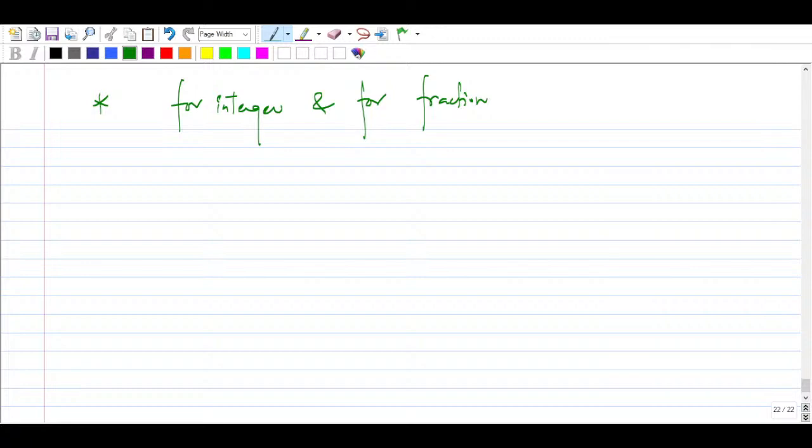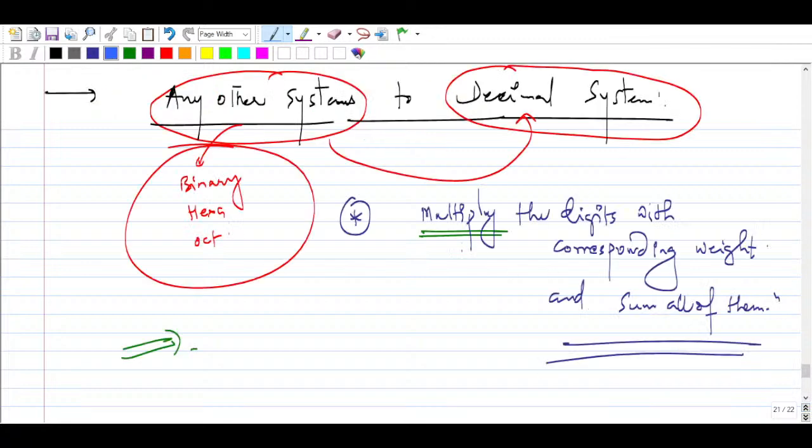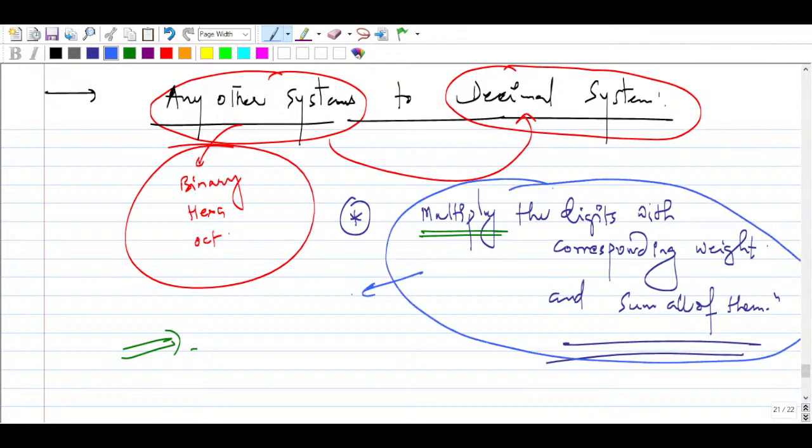And in case of integers, r to the power 0, r to the power 1, and it goes like that. I have told you in the beginning as well. This statement is applicable for both integer as well as fraction, right?